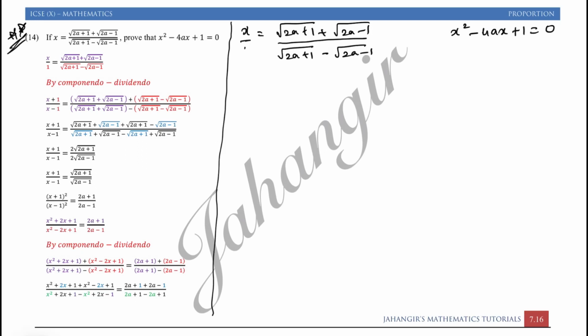So let us write x by 1. If it is x, we can take x by 1. So numerator, see here I wrote numerator with purple color and denominator with red color. So we will take by componendo dividendo.